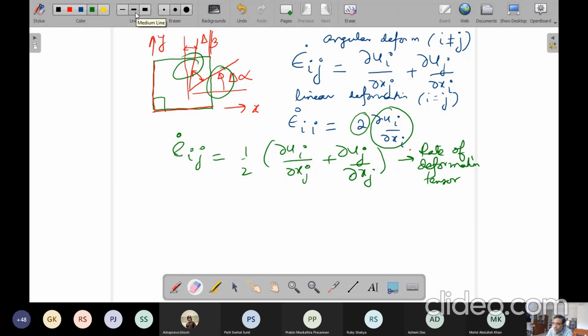I will try to give you a physical picture specifically relevant to what we are talking about here, and then you will appreciate more. Imagine that when we are talking about a velocity, we write u_i, right? i equal to 1 is velocity along x, i equal to 2 is velocity along y, etc. So what is this i? i is an index specifying the component.